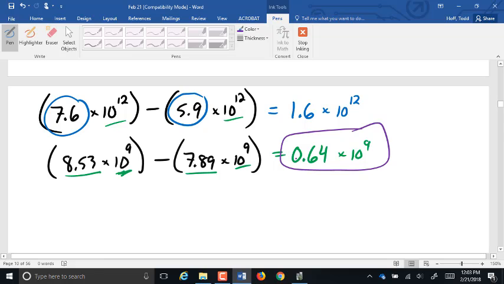There isn't a number in front of the decimal point except for the 0. For proper scientific notation, we have to have one non-zero number in front of the decimal point. So we have to move that decimal point the other direction this time. So 0.64 becomes 6.4. Now this time, this number got larger by one place value. So our power of 10 has to get smaller by 1. So 9 minus 1 is 8, so that's 10 to the 8th.